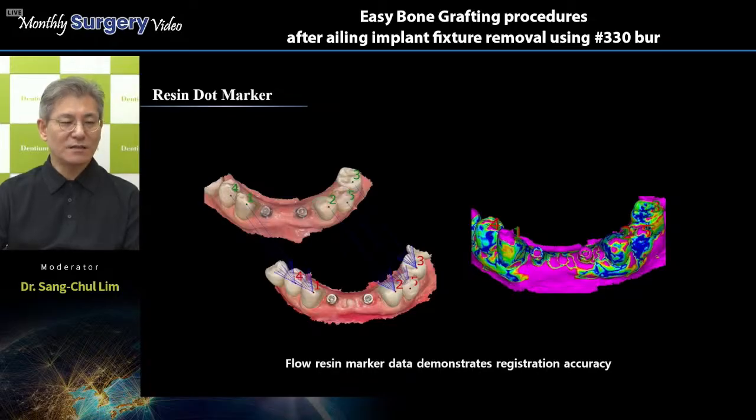This flowable resin marker data is more accurate compared to without the resin marker. So if you can, you can use this resin marker technique on the edentulous mucosa area.